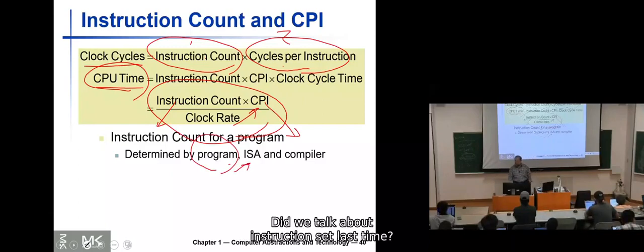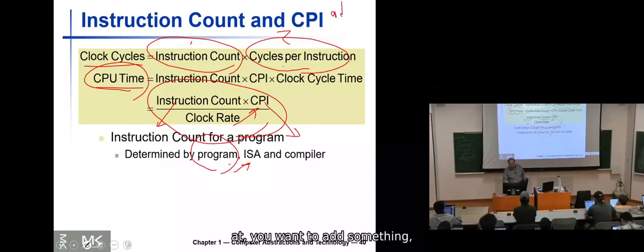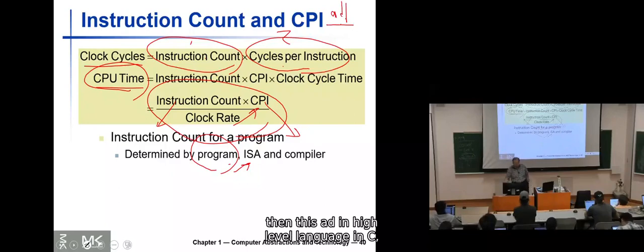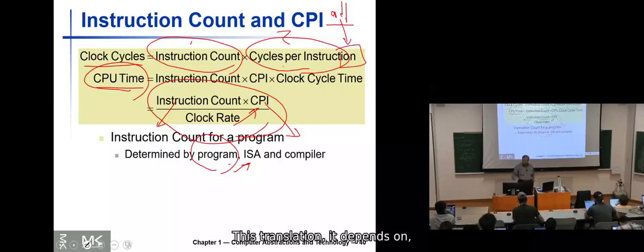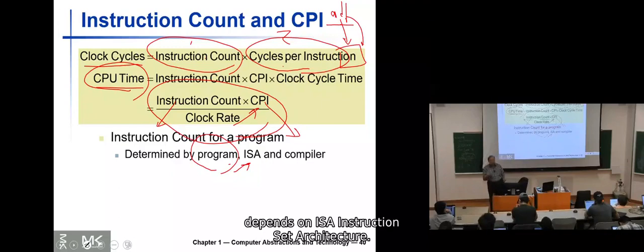Did we talk about instruction set last time? Maybe just as a reference. When you write, for example, an add in a high-level language like C, we talked about how it becomes machine language for the processor. This translation depends on the ISA, instruction set architecture.